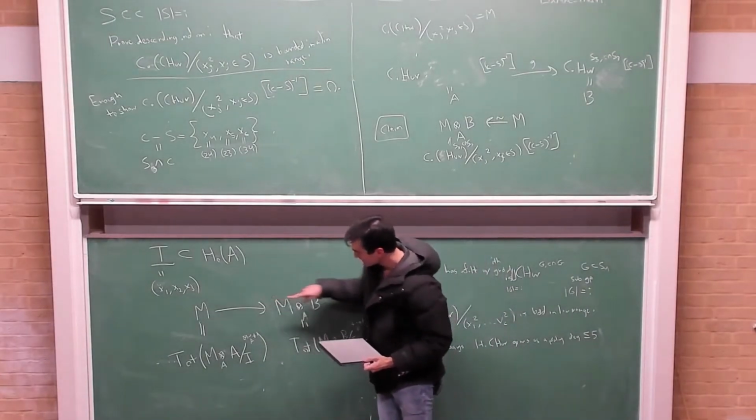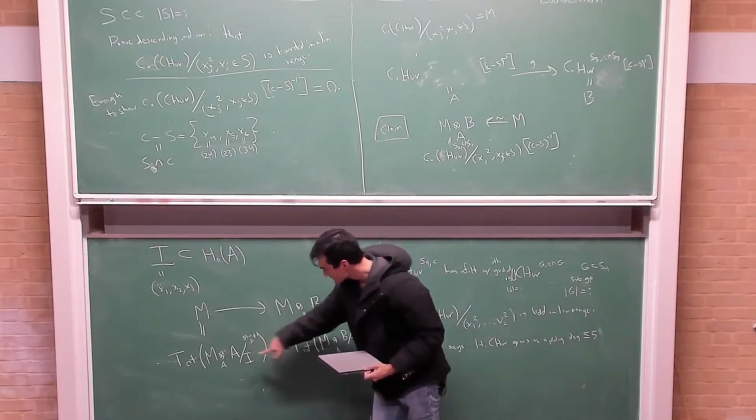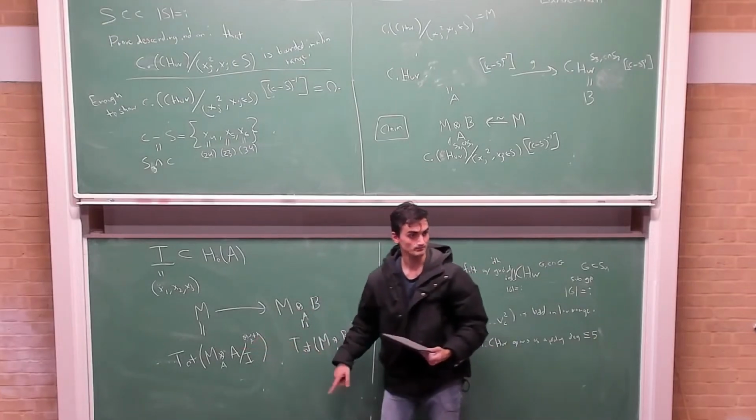And so to show that this map is an equivalence, you really just need to show that each individual term in this cosimplicial object is an equivalence.